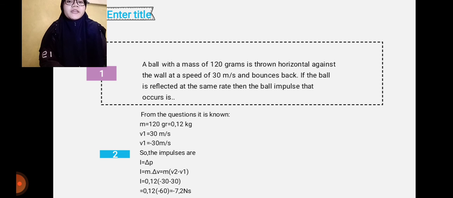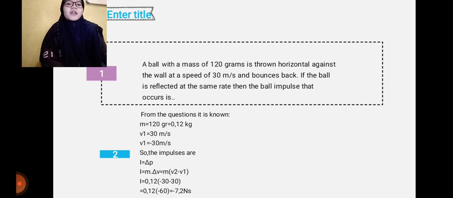If the ball is reflected at the same speed, then the impulse that occurs is? Answer. From the question, it is known m is 120 gram, which is 0.12 kilogram. Velocity 1 is 30 meter per second. Velocity 2 is minus 30 meter per second.